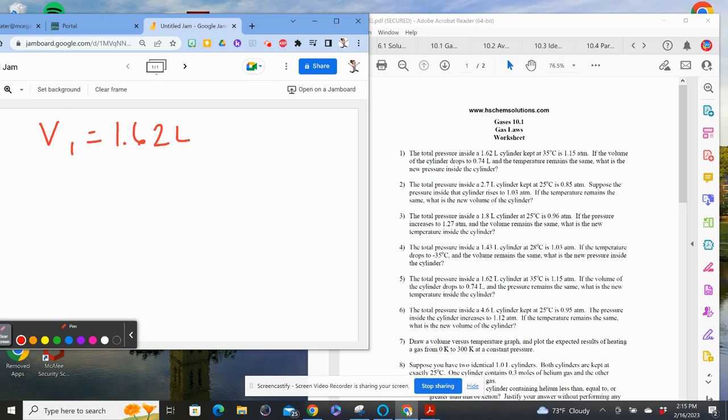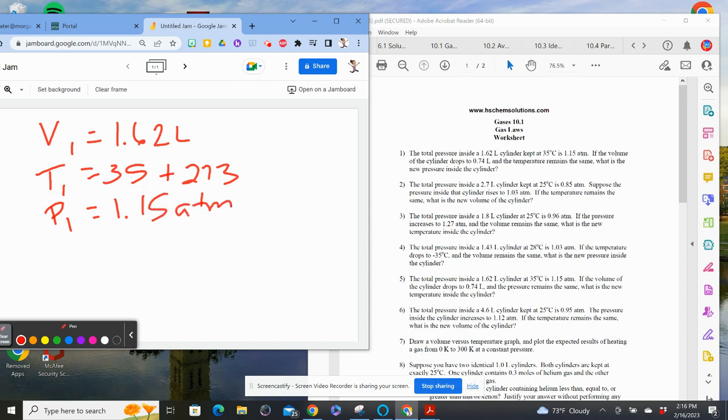Total pressure inside a 1.62 liter cylinder kept at 35 degrees Celsius is 1.1 atmospheres. So V1 is the cylinder size, 1.62 liters. T1 is going to be the temperature, which is 35 plus 273. And then P1 is going to be 1.15 atmospheres.